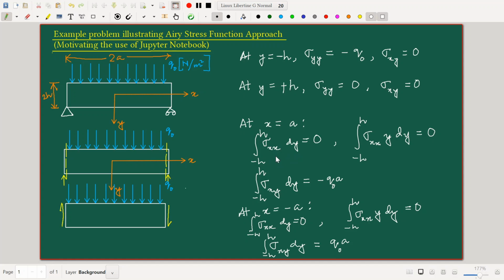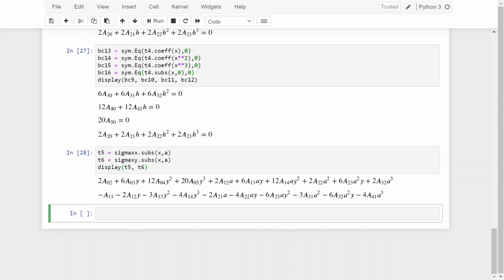So I do not want to set the individual terms of sigma xx, or the coefficients of y square and all those things, to be equal to 0. Rather, I first want to obtain this integration and then set this integration equal to 0. So if I do like before, it will be wrong.